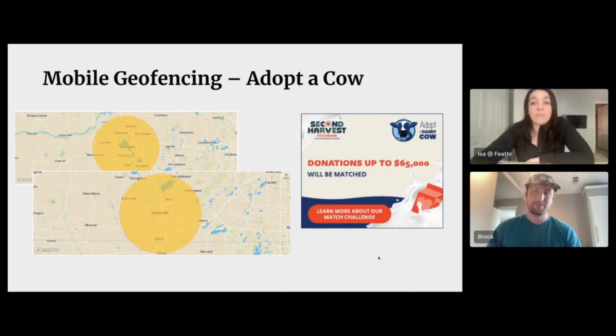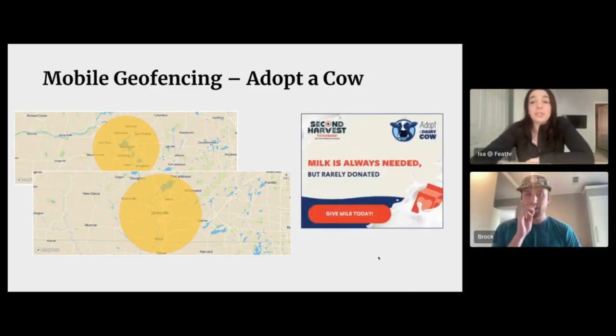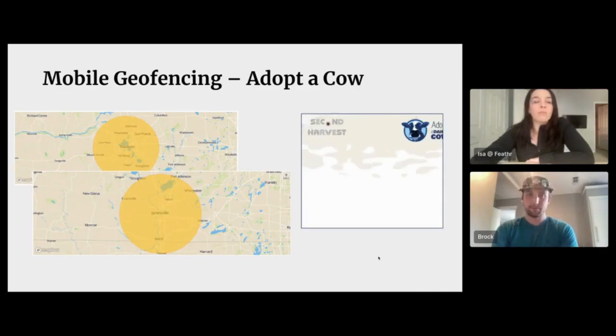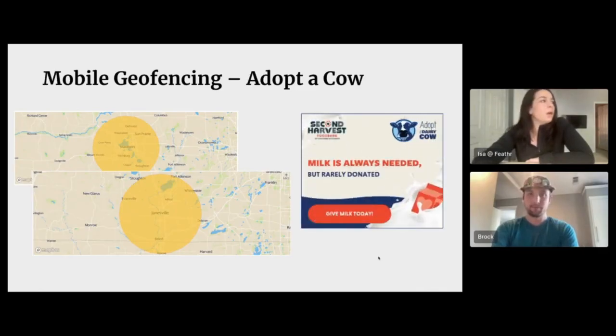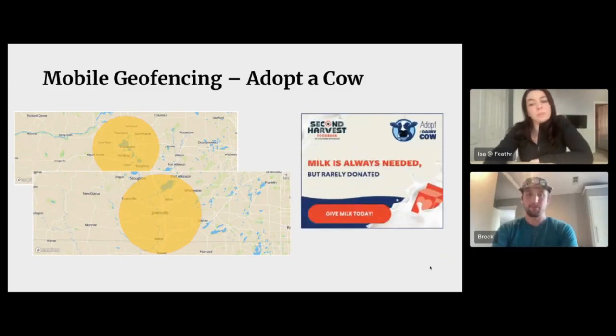But one of the goals was to get people to donate larger sums for this particular campaign. And so they geofenced specific towns and geographic locations that were more affluent. This included Madison, which is in the top 10 most affluent towns in Wisconsin. So they were obviously pretty strategic about who they were targeting with this one, just because adopting a cow is different than donating $5.